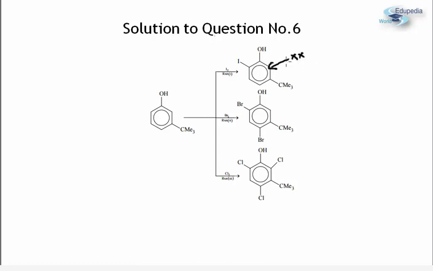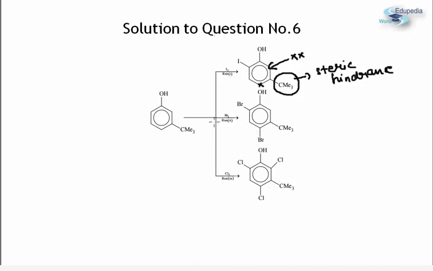You know for yourself, because of the large steric hindrance. This CMe3 group is a large group and would produce hindrance, and we all know that iodine is also a fairly large group. So no substitution is going to happen at this place, and similarly no substitution at this place because again of the steric factors. So iodine will only come over here.